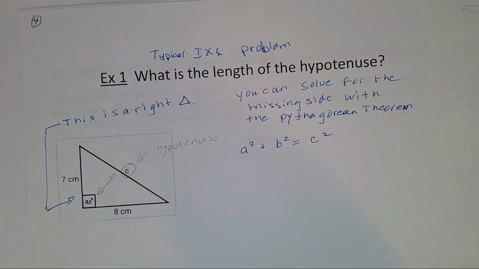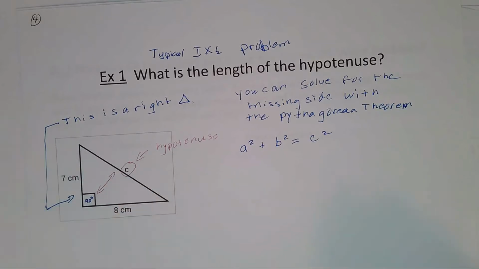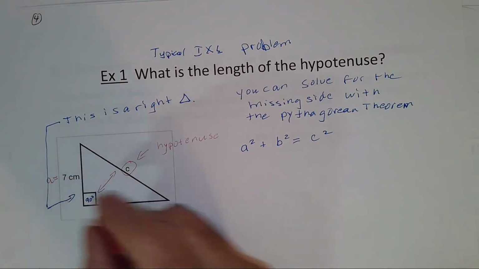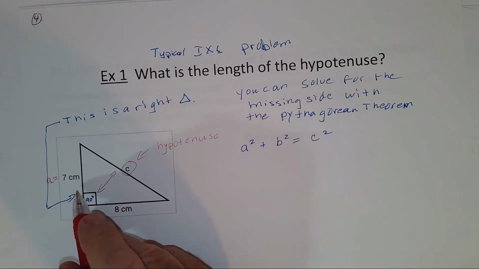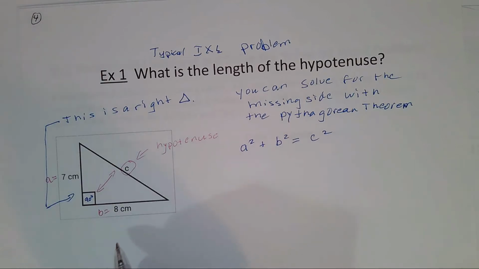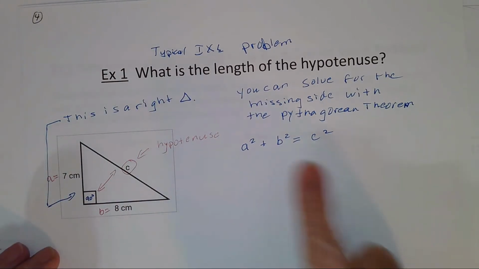We know this is c, right? We can arbitrarily make the 7 centimeter side the a and the 8 centimeter side the b, or we could switch that. It doesn't matter, because these are added together here.